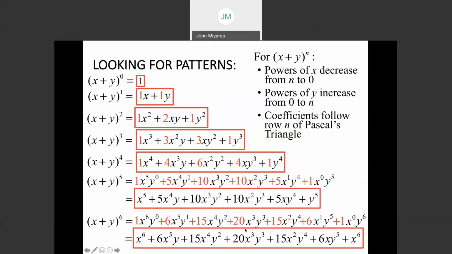In the middle term, 3 plus 3 is 6, and so on. They all add up to 6 because we're raising this expression to the 6th power. If we do this properly, that pattern of powers where x and y always add up to this exponent that I'm raising the expression to should always work.